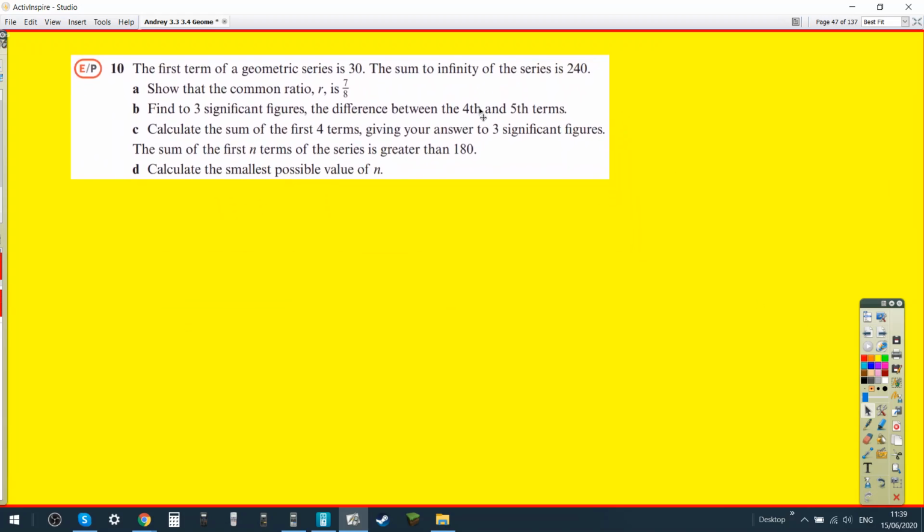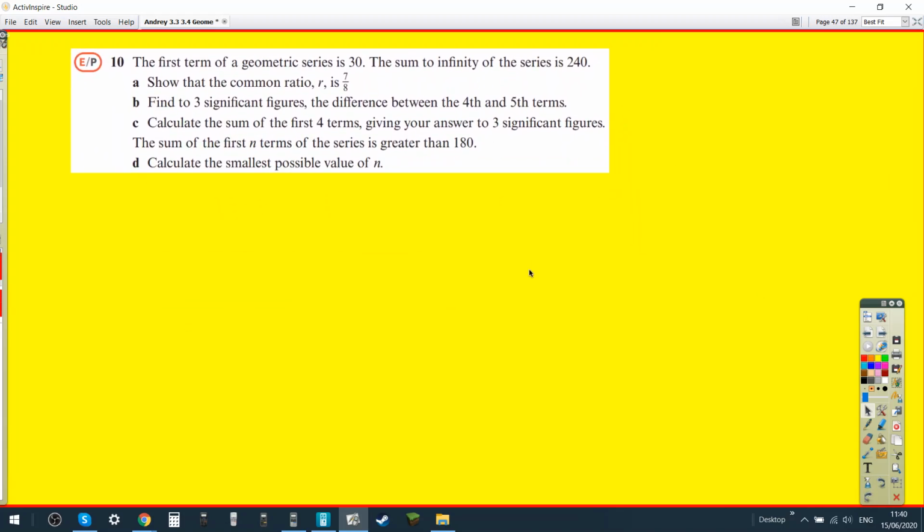Just go through it. Okay. Sum to 4 terms. The only one worth doing is question D. The sum. Let's do just question D.